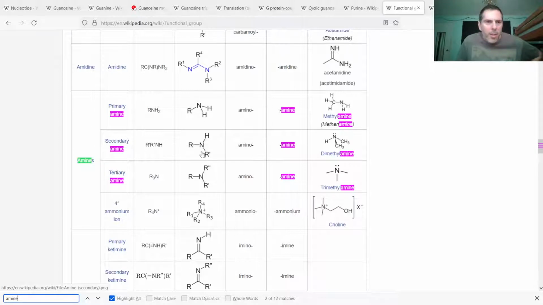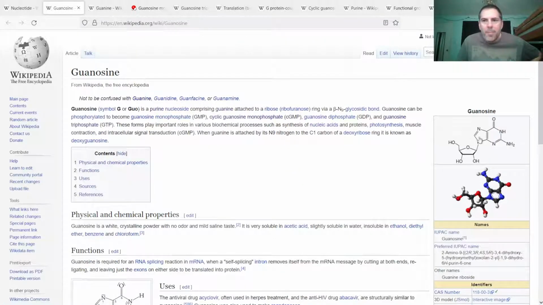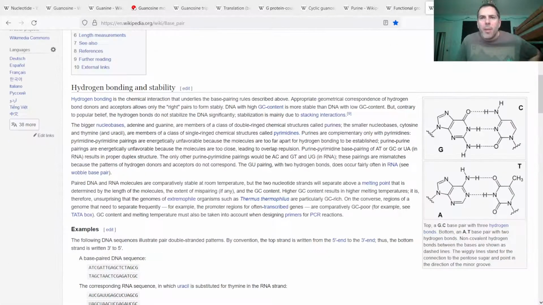This is probably another kind of bond or functional group here that forms in this center position on the base pairs. So here you can see guanine and cytosine forming hydrogen bonds with each other, 3 bonds. And we'll talk about that later.